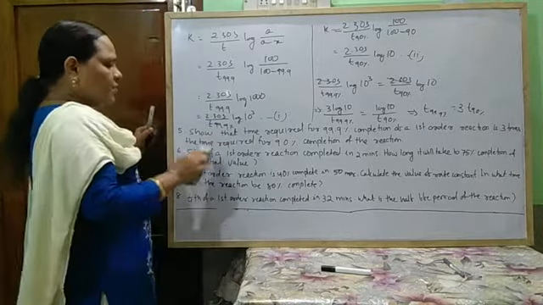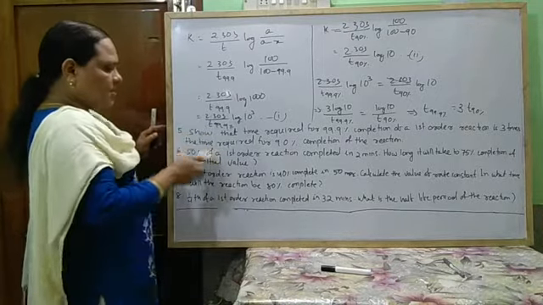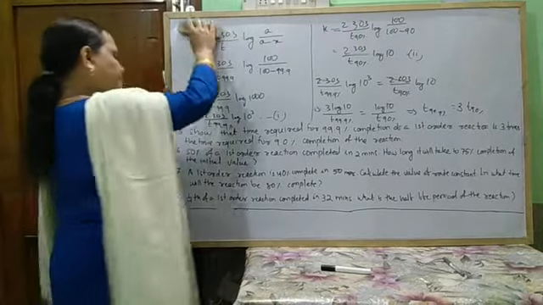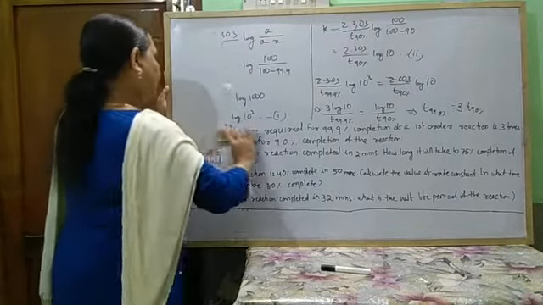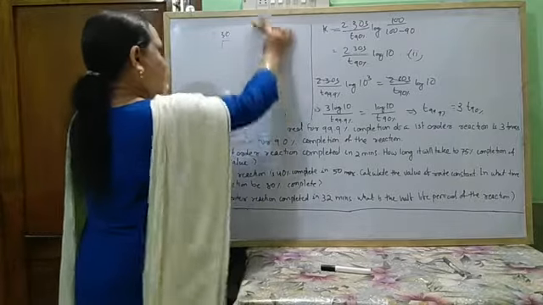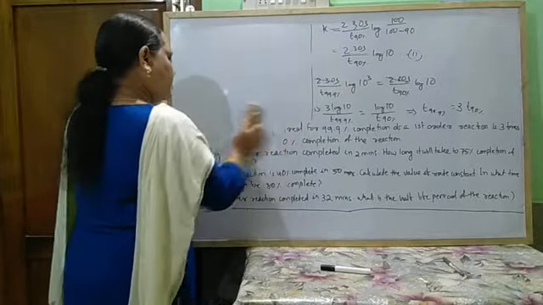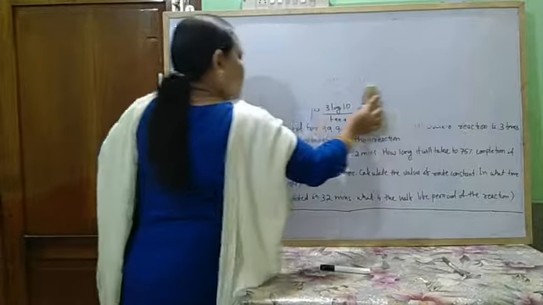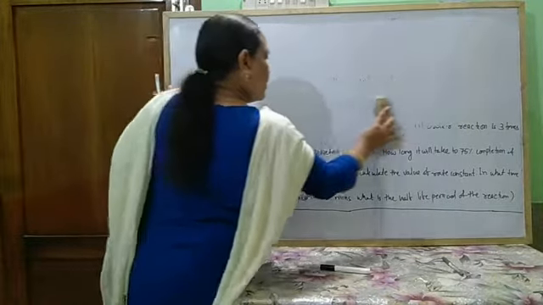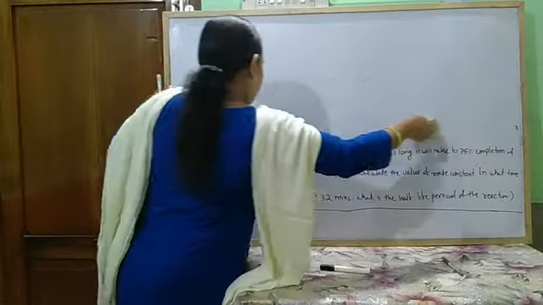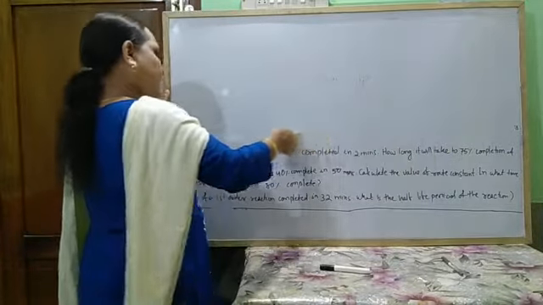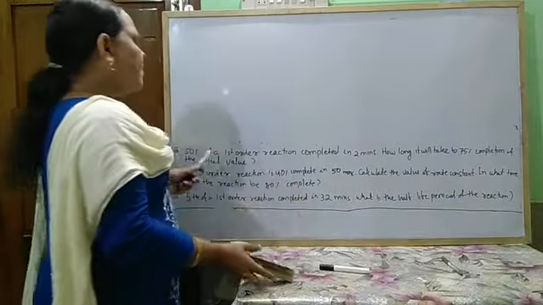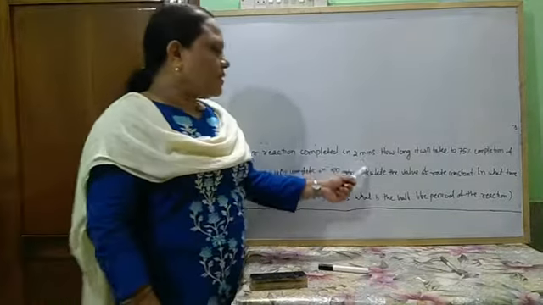Next, come to question number 6. Okay, this is your question number 5. A first order reaction is 50% completed in 2 minutes.